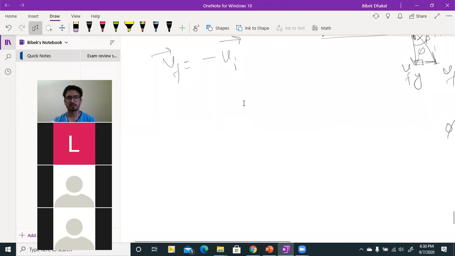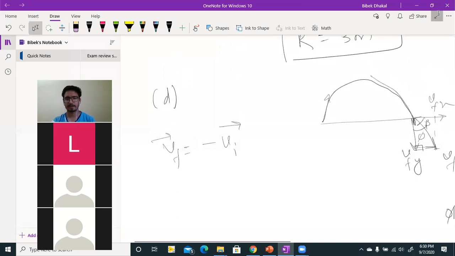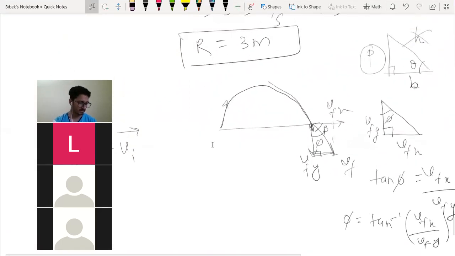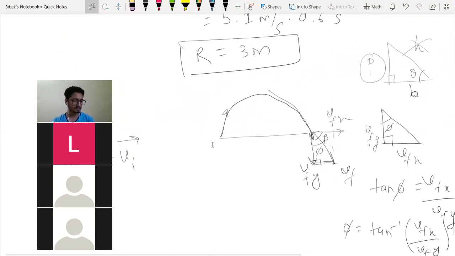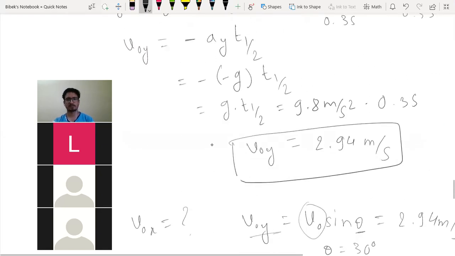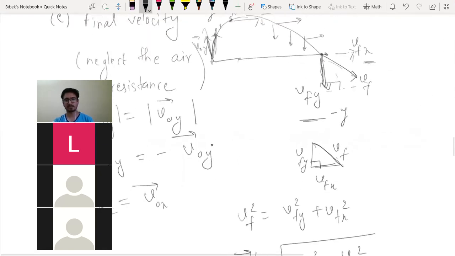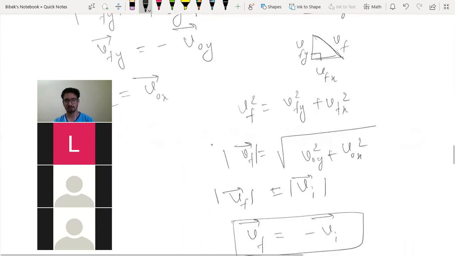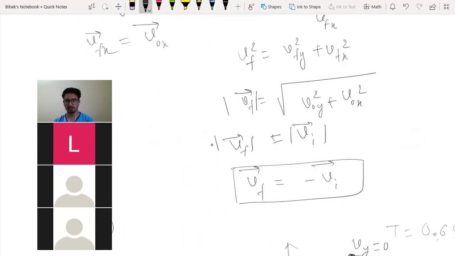So what was the final answer for that last part? It's asking you the final velocity, right? The number 3, last part. As I have already described in number 2, the final velocity by which the projectile hits the ground will be equal to the initial velocity.